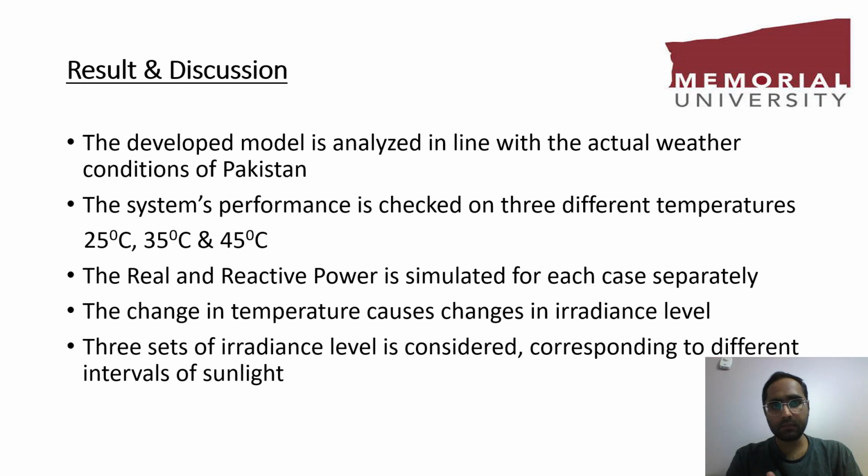Right here we have three different ranges of temperatures. One is 25 degrees centigrade, the other is 35 degrees centigrade, and the last one is 45 degrees centigrade. We varied the temperature, and we ran the simulation on each temperature.